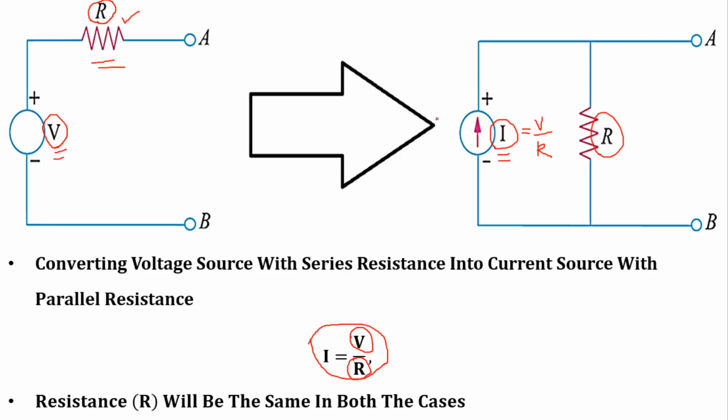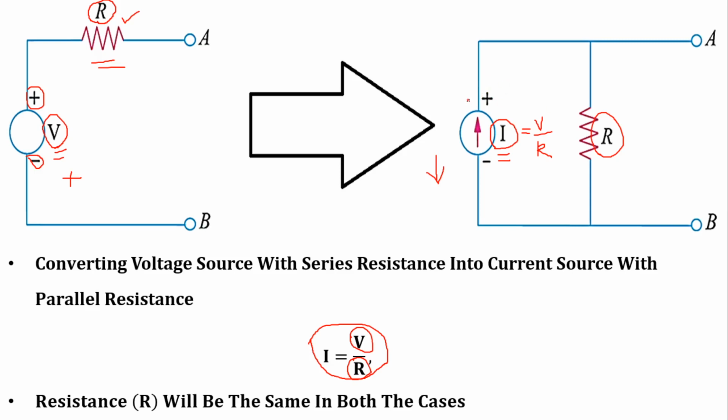Now consider the direction of this current source. The direction of this current source depends on the polarity of this voltage source. That means the arrow is in the direction of the positive polarity. Suppose positive polarity is downward, then the arrow will be downward, because current starts flowing from plus to minus.